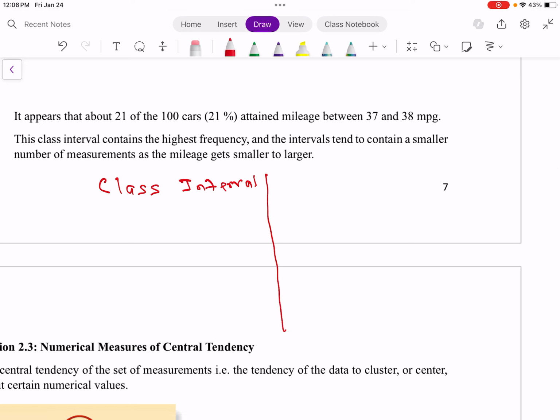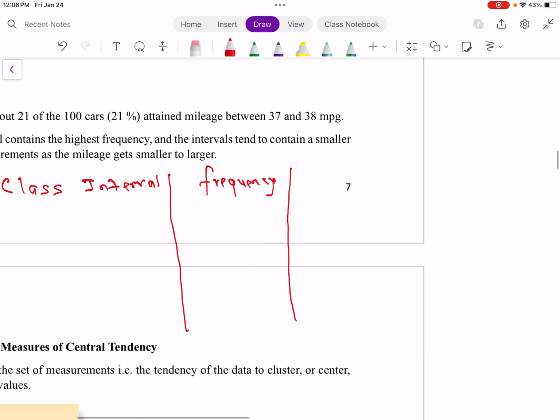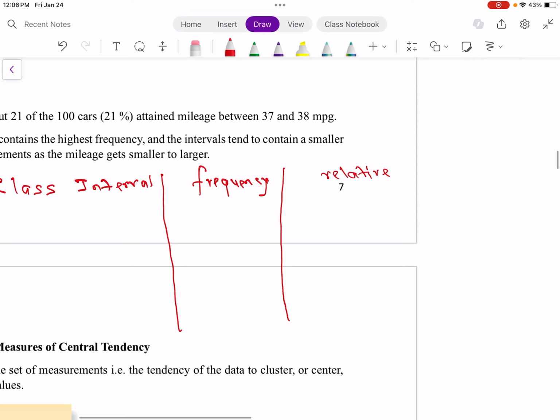Then next we need frequency. Now instead of frequency, you can also use relative frequency. It's not that you have to use frequency, you can use relative frequency. Now how do we calculate the relative frequency? Does anyone recall?